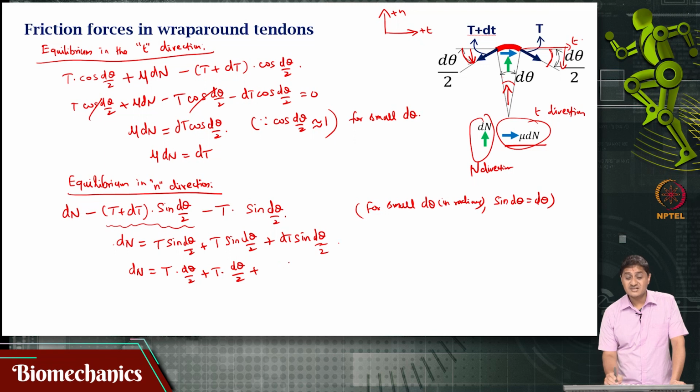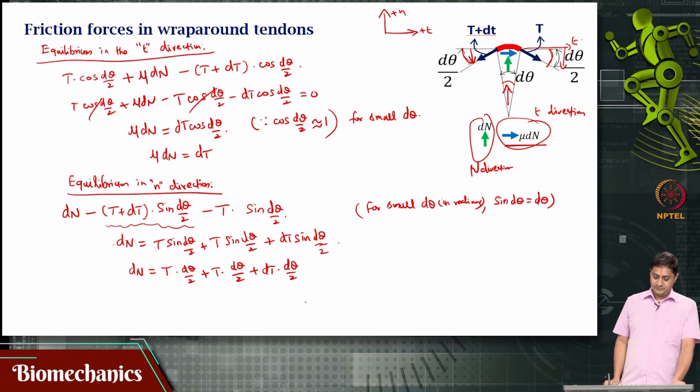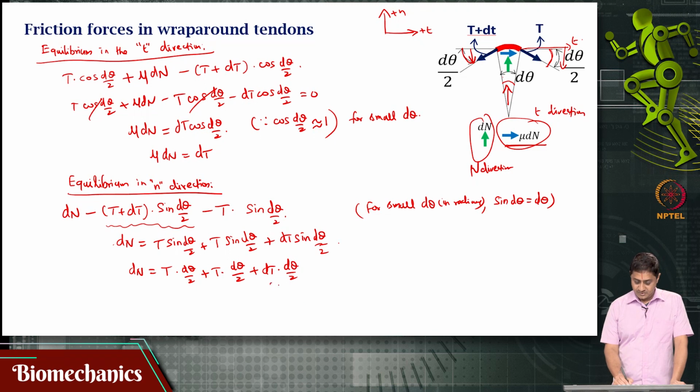Why? Because it is the product of two differentials, that would be dt times d theta by 2. Now, that is almost 0. Why is that? Because it is the product of two infinitesimal quantities that will be even smaller than those two quantities. dt times d theta by 2 is an extremely small quantity.